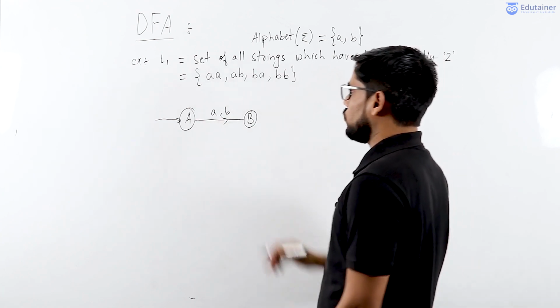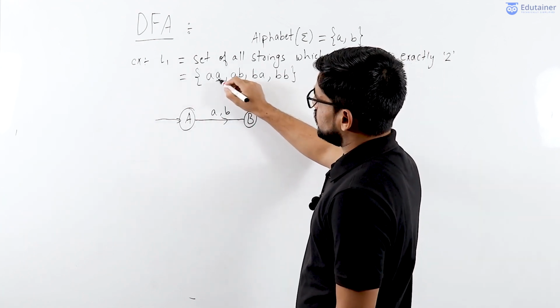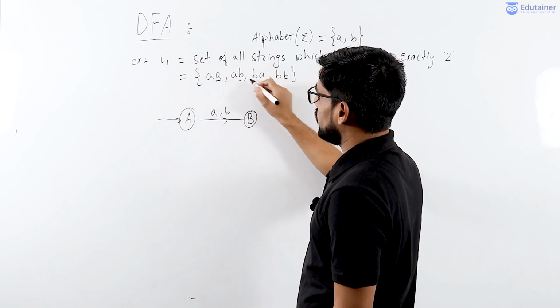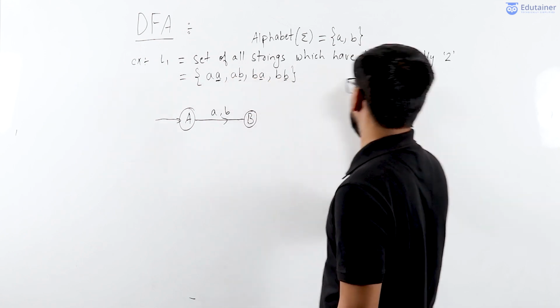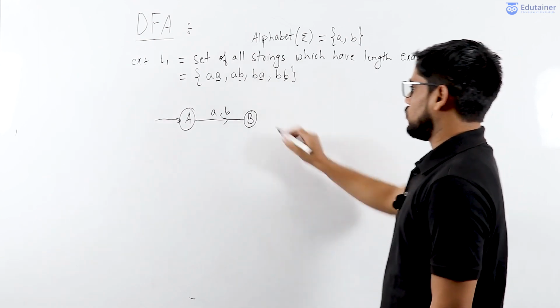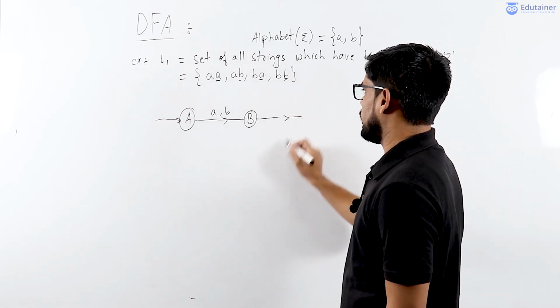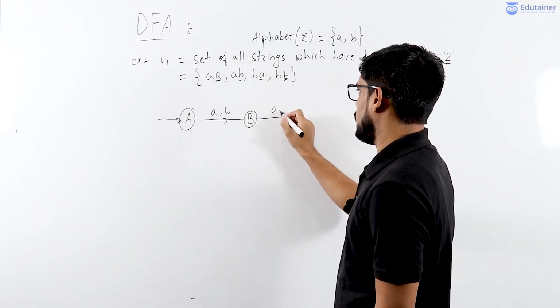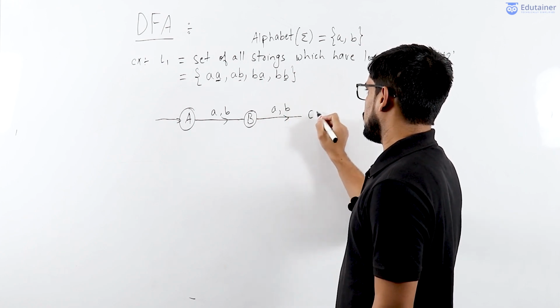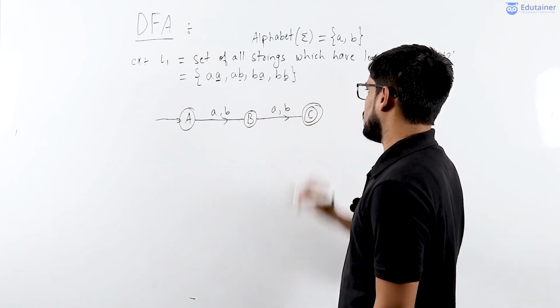Now I want to trace one more A or B for achieving the length of exactly 2. Okay, so what I will do here is, I will take one more transition A comma B and go to a final state, capital C.